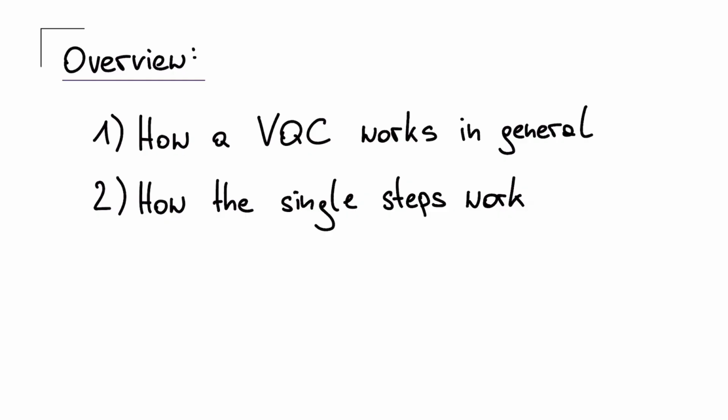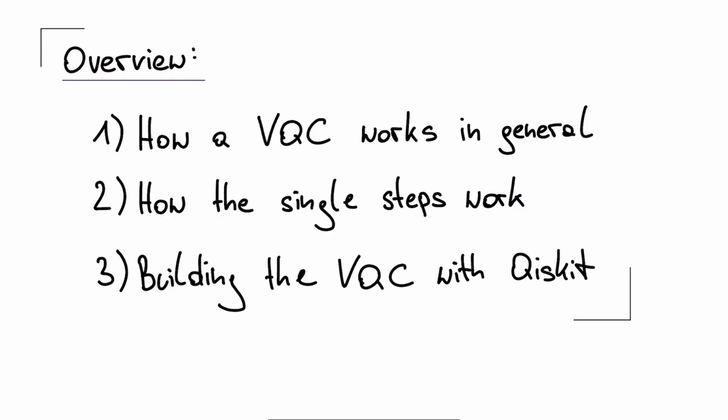Simpler steps I'll address briefly when we get to the code, while the quantum-specific and important parts I'll explain theoretically beforehand. Once we have the full theory and a clear understanding of how a VQC works, we'll write code using Qiskit libraries to simulate the whole setup. And after that, we'll run it on a simulator.